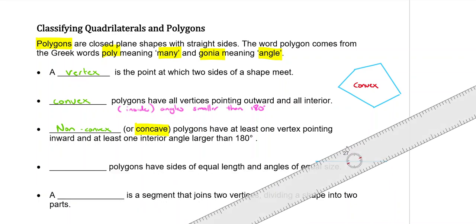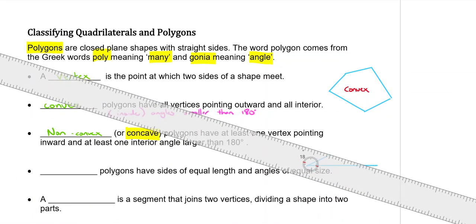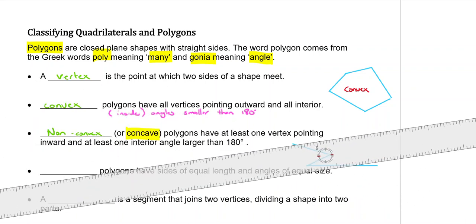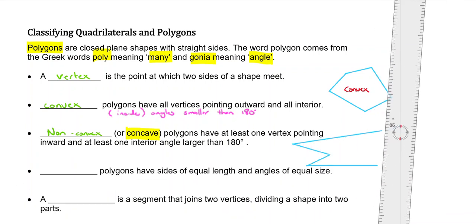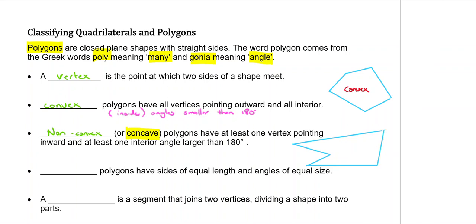So I'm going to have the shape pointing inwards and then coming back out again. So this angle in here is what is making my shape concave because it's pointing in. So this is either called concave or non-convex.